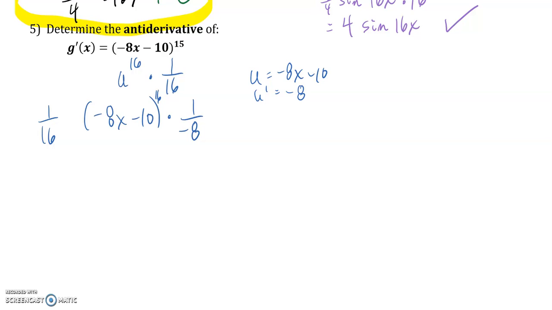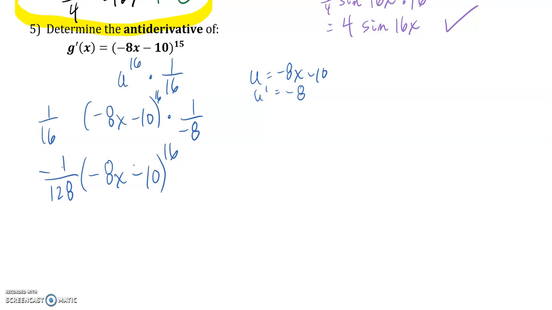Combining those, I'm going to have a not so pretty fraction, but if I do my math right in my head, 16 times 8 should be 128, and negative. I have negative 8x minus 10 to the 16th.